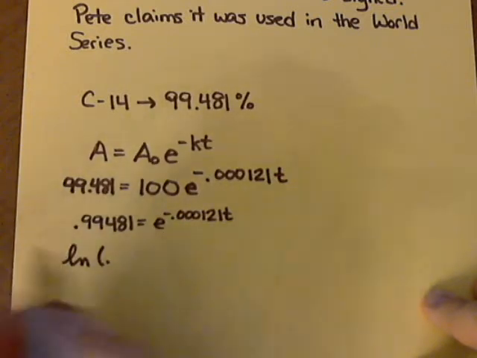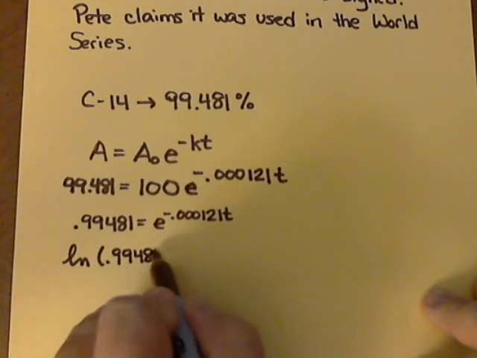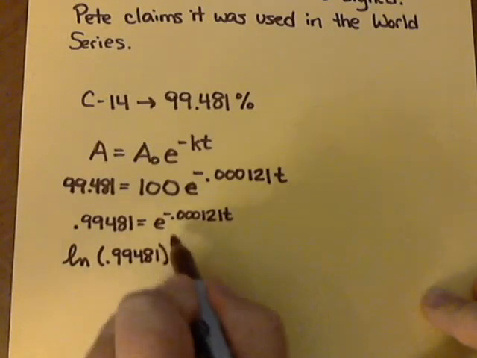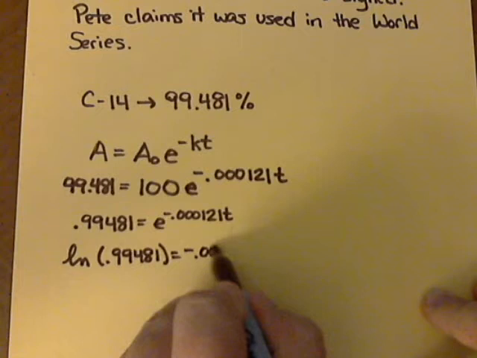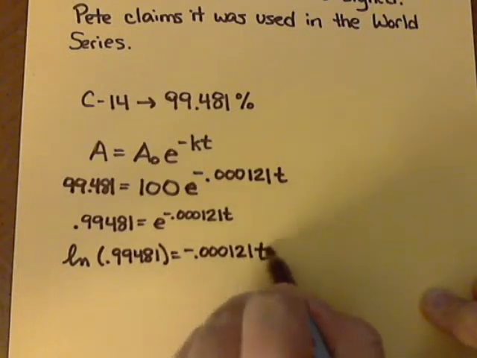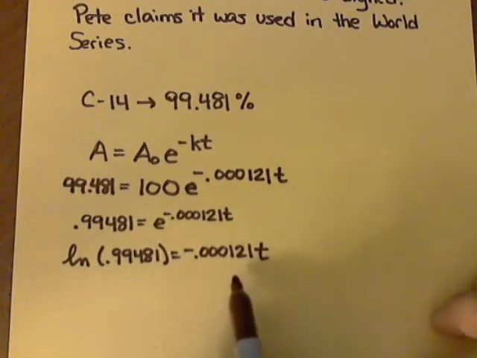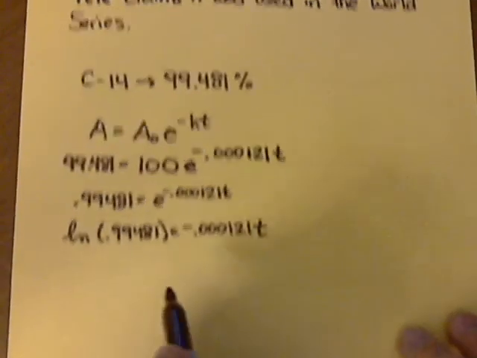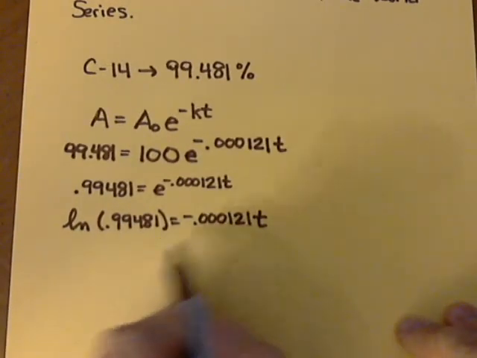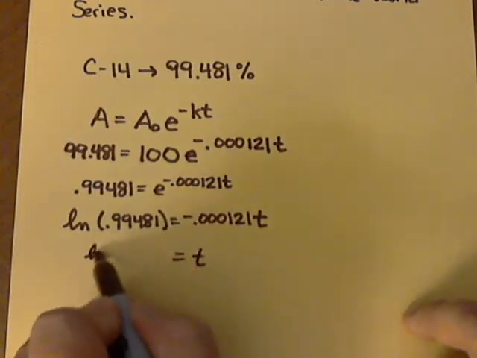Oops, my decimal didn't show up good before. So we have the natural log, and that's just going to cancel the e on the right-hand side. Remember, the natural log is base e, and when you put a log with the same base together, they do cancel each other out. And then we're going to divide by the decimal here. So that'll leave the t by itself.